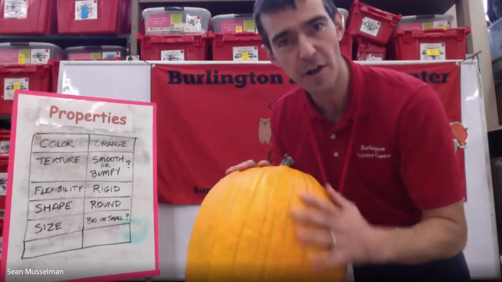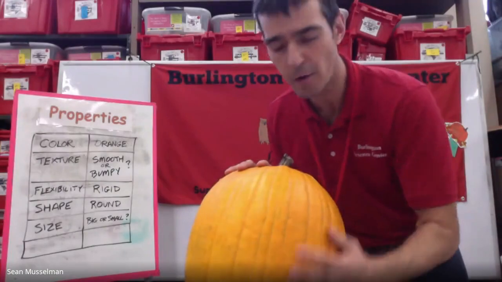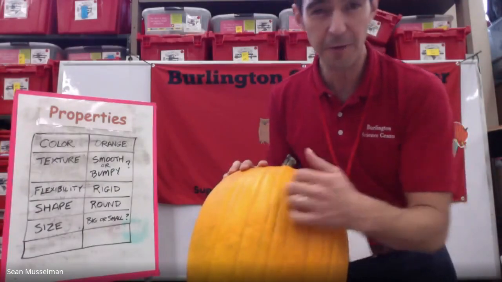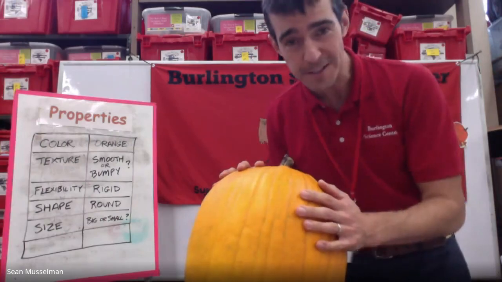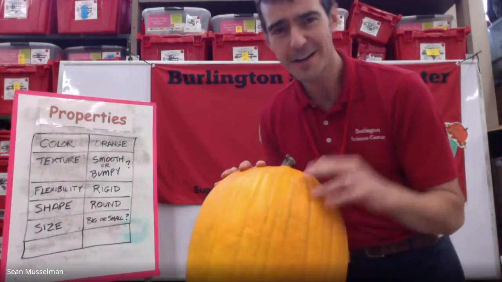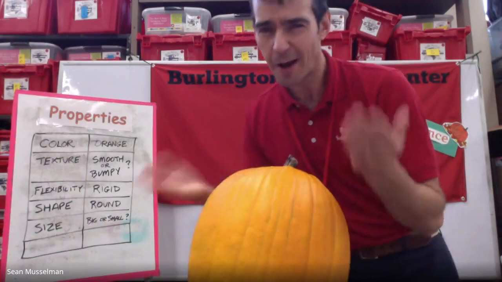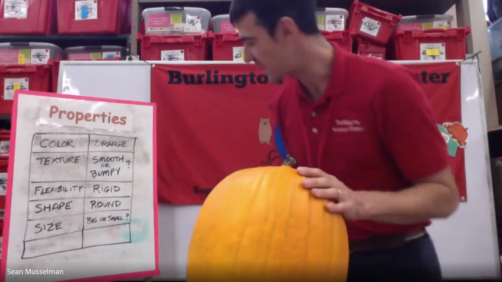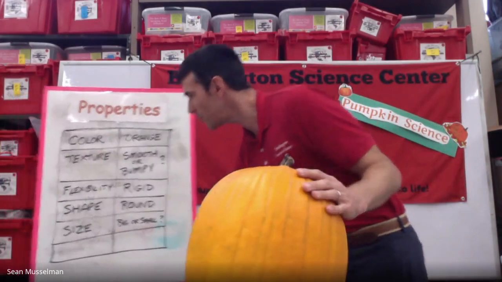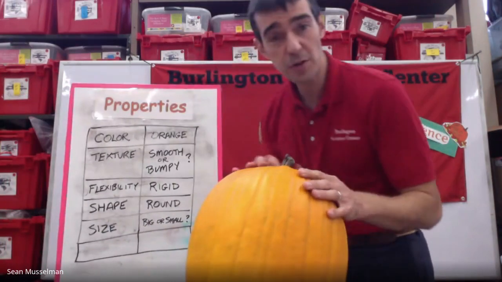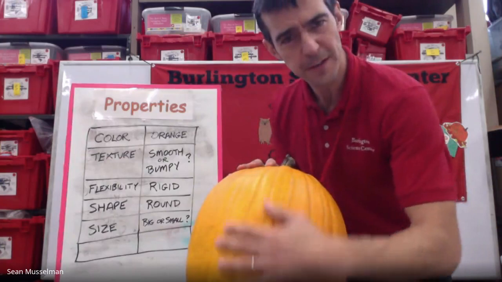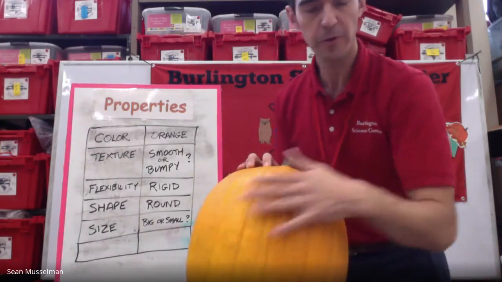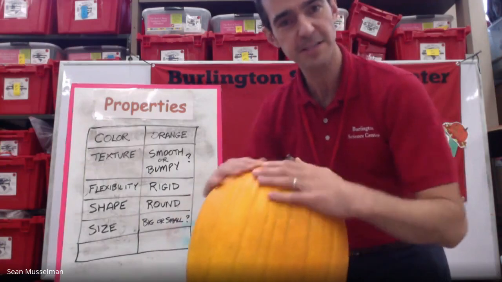Texture is another word for how matter feels. When we think about how this pumpkin feels, many of you shared two words that are a little bit different from one another. Some of you shared that your pumpkins are smooth. And when we often feel a pumpkin with our hand, we might feel that it is very smooth.